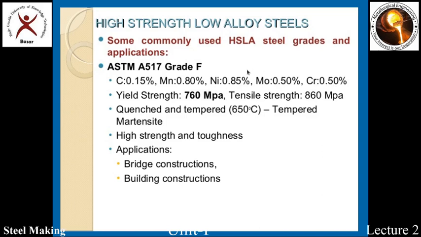This suggests that there are very low alloying elements, but you are getting high strength such as yield strength 760 megapascal. In the previous slide you have seen 70 to 80. KSI and megapascal are around the same.